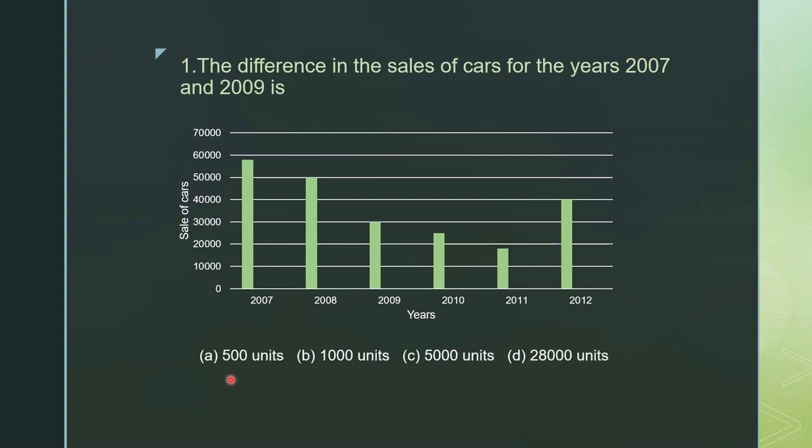The options are 500 units, 1000 units, 5000 units and 28,000 units. A, B, C, D options. So which one is correct? The correct one is the difference 58,000 minus 30,000.